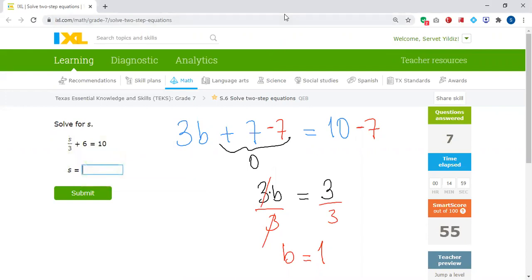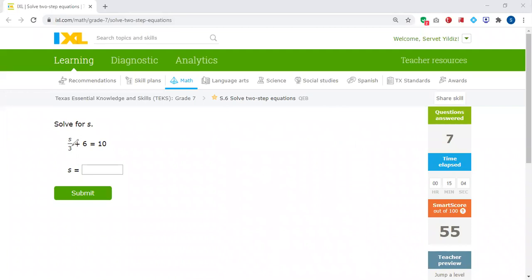And now in this example, we are going to find the value of s. S divided by 3 plus 6 is equal to 10. So we have to subtract 6 from both sides, because again, the idea here is I want to leave s alone. I want to eliminate all the terms other than s.